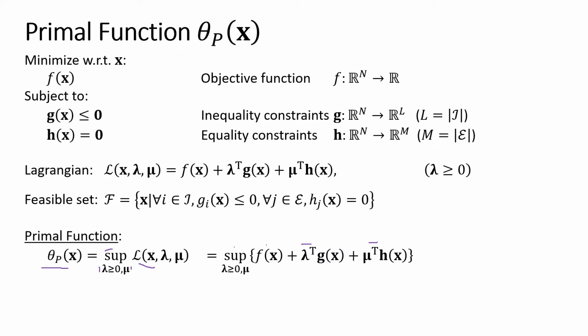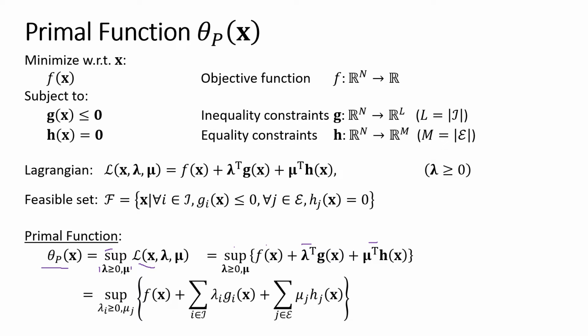And expressing the Lagrangian as scalars, this is supremum with respect to lambda_i greater than or equal to 0 and mu_j of f of x plus summation lambda_i g_i of x plus summation mu_j h_j of x. There's a slight misuse of notation here. This lambda_i greater than or equal to 0 means that we're carrying out the supremum over all possible lambda_i's greater than or equal to 0 and over all possible mu_j's.